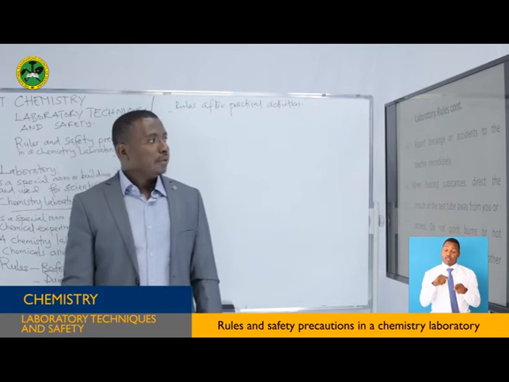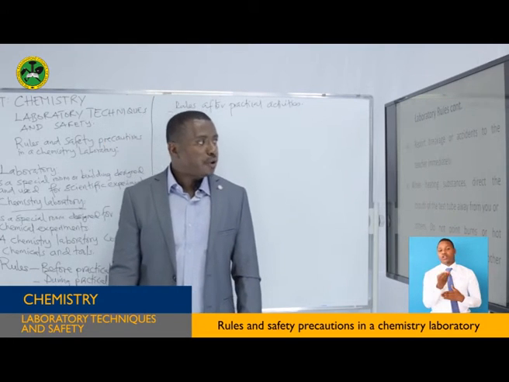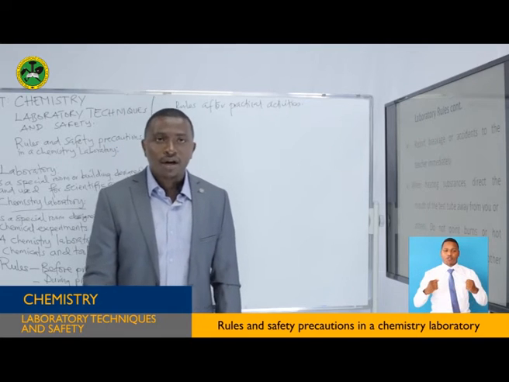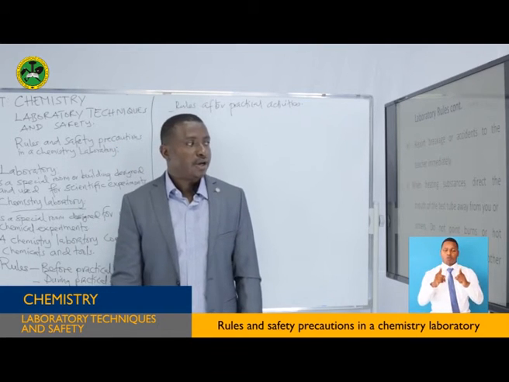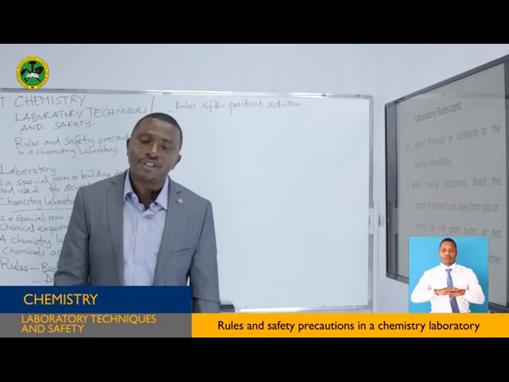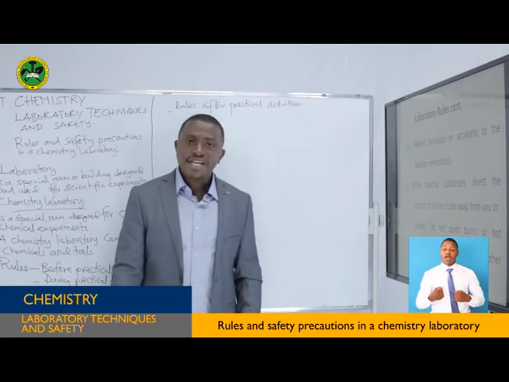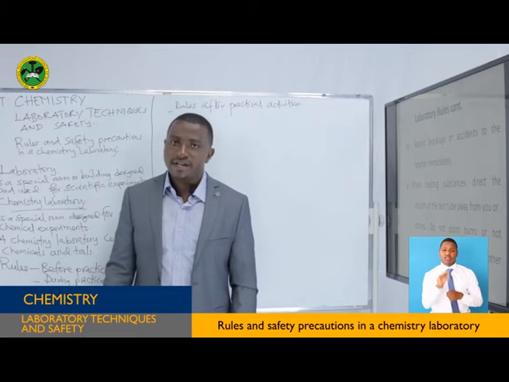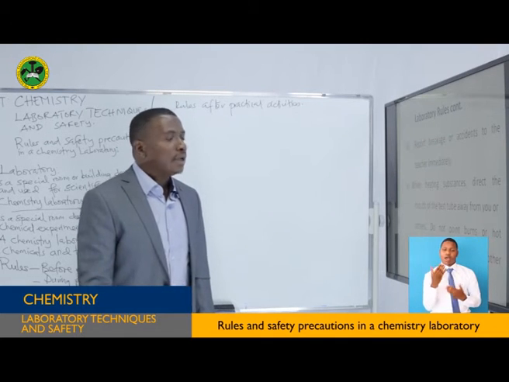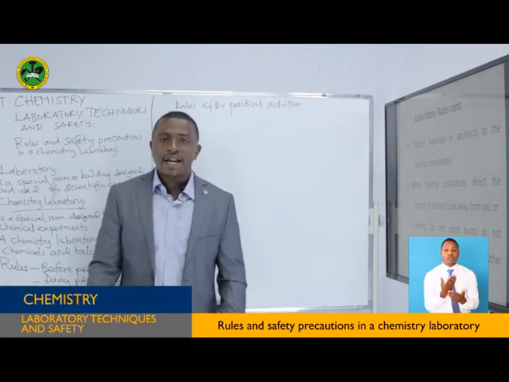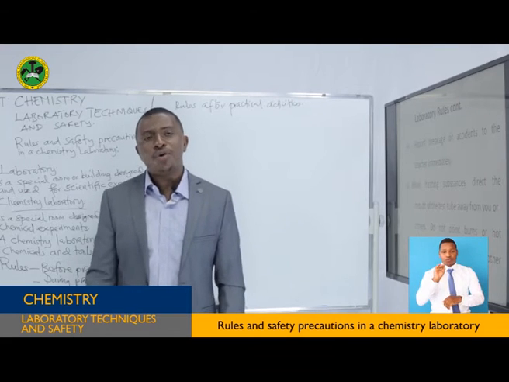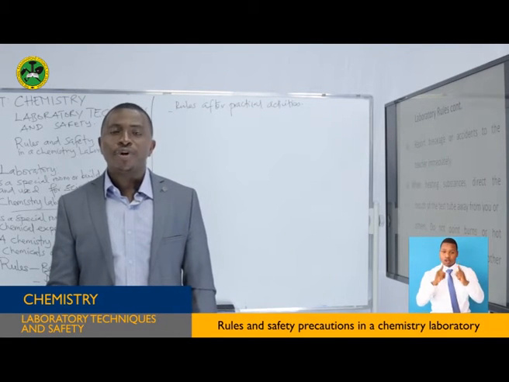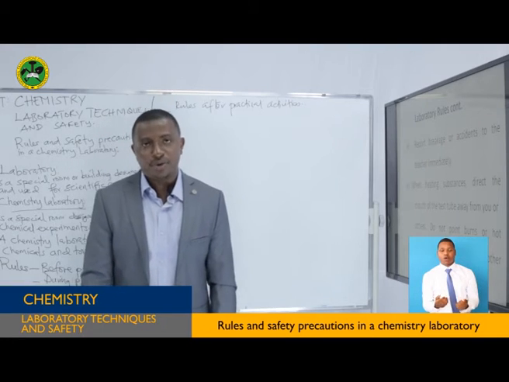This rule requires you to report any kind of breakage to the teacher or to the laboratory assistant. It requires you to report any accident immediately as it occurs. Why? It's because when you report an accident to the teacher or a laboratory technician, you can get immediate help, immediate assistance.